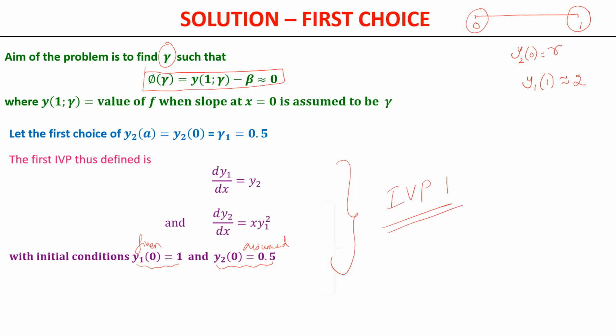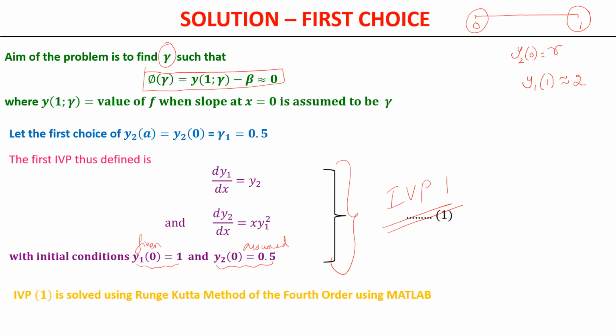And this IVP1, as I told you in my previous slide, we would be using the Runge-Kutta method to solve using MATLAB. So the next slide shows the code that I have used to solve this IVP and the corresponding solution that we get, and also we check whether it's close to the beta value or not. Let's see the code now.